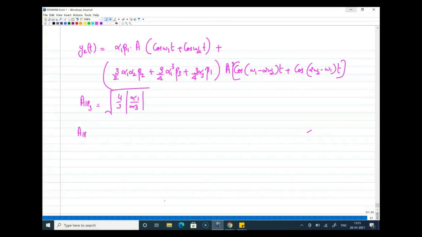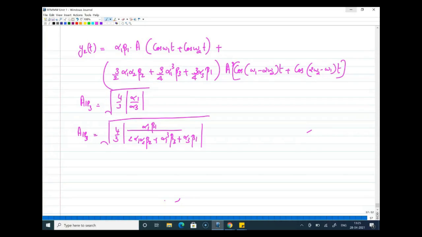But now for this combined system, it can be written as 4 by 3 into alpha 1 beta 1 divided by the same terms, I'm just adjusting these terms here, 2 alpha 1 alpha 2 beta 2 plus alpha 1 cube into beta 3 plus alpha 3 into beta 1, the whole cube, right? If you proceed from here, the analysis we have done before will definitely lead to the same thing.